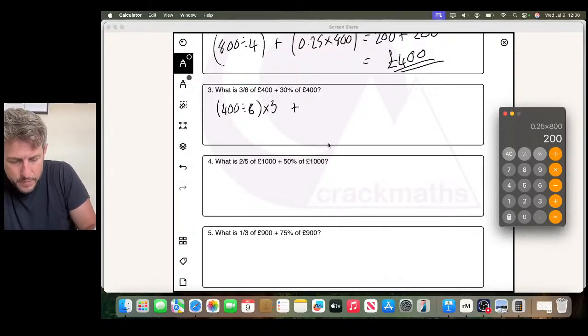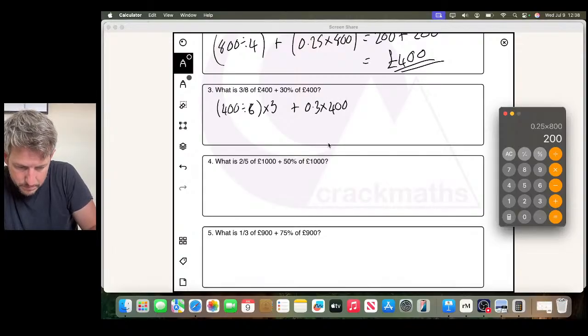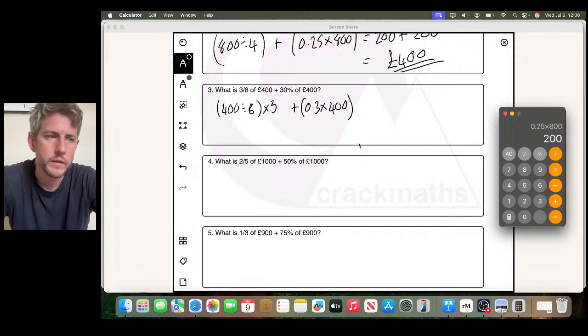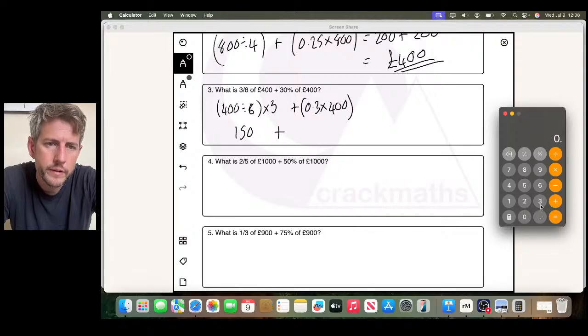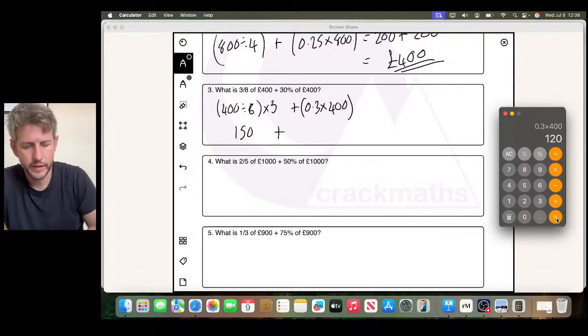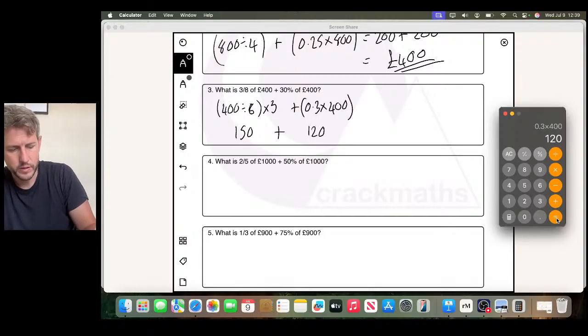And then we want 30% of 400, so that's 0.3 times 400. 400 divided by 8 times by 3 is 150. And 0.3 times 400 equals 120. So that will equal £270.